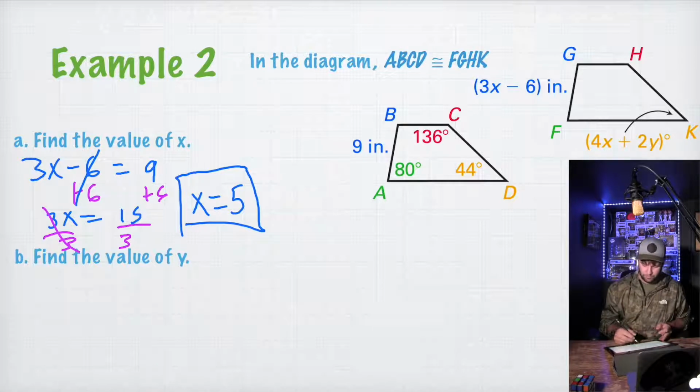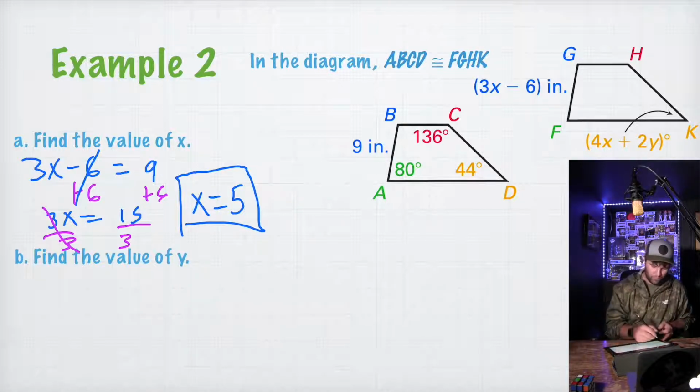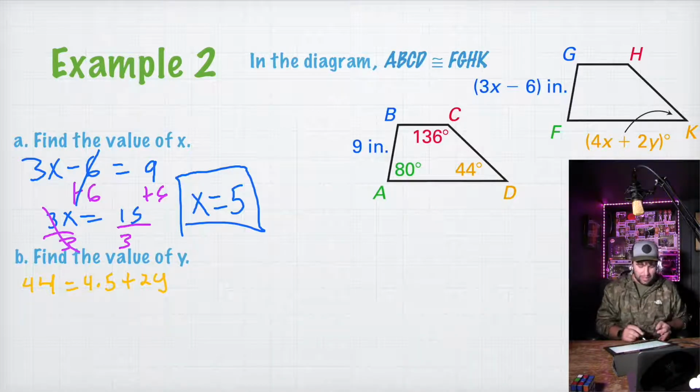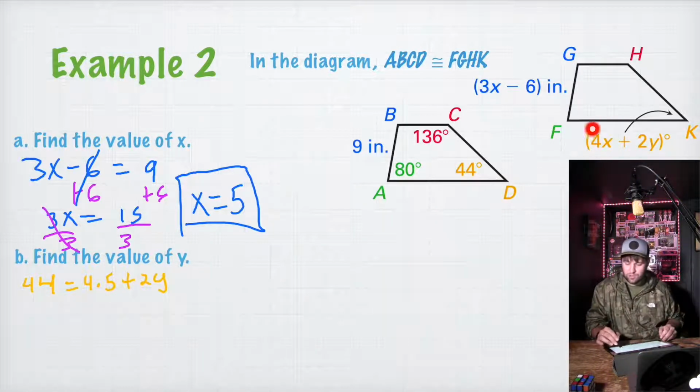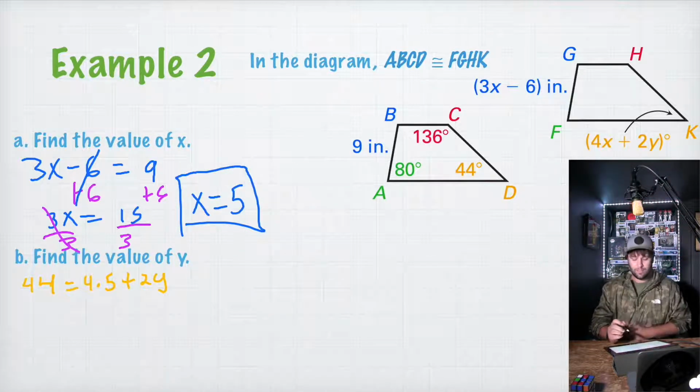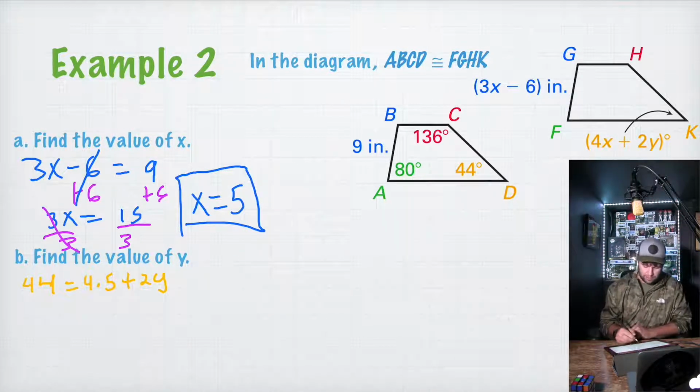So let's go ahead and write 44 equals 4 times 5 plus 2y. Okay? I did 4 times 5 because in the equation it was 4x, but we know that x equals 5 right here. So let's just work this out.